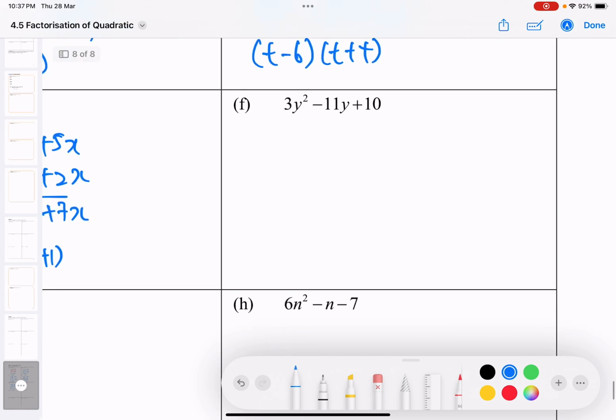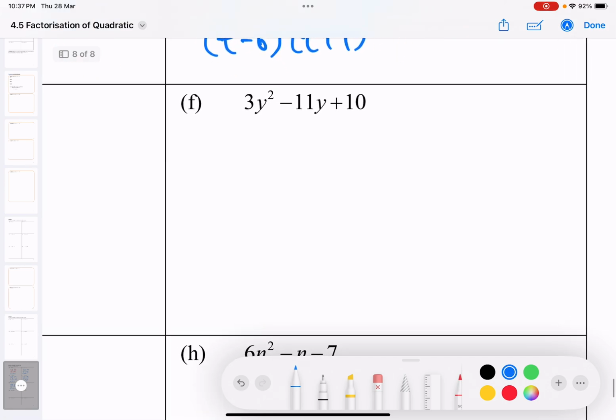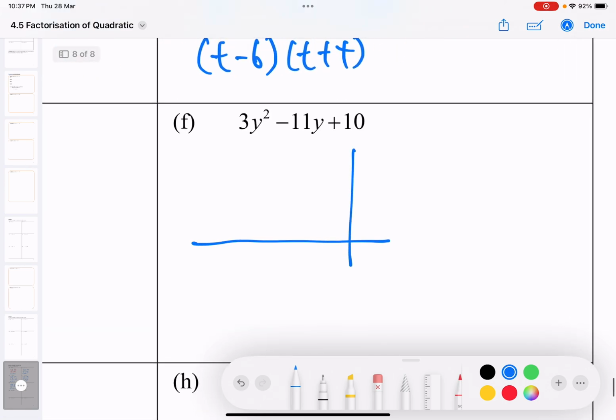Okay. How about part F? Part F is over here. Same thing, my ladder method. Let me write everything down in the correct position first. So 3y squared is going to be 3y times y. 10. I can try, let's see what I can try.